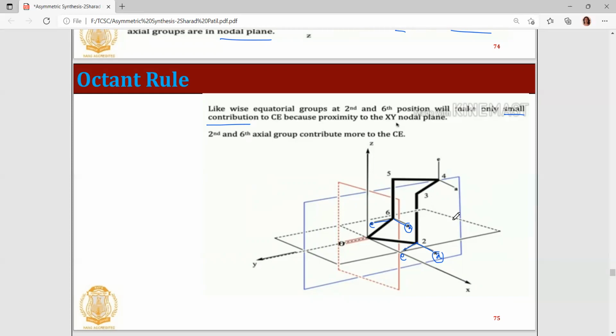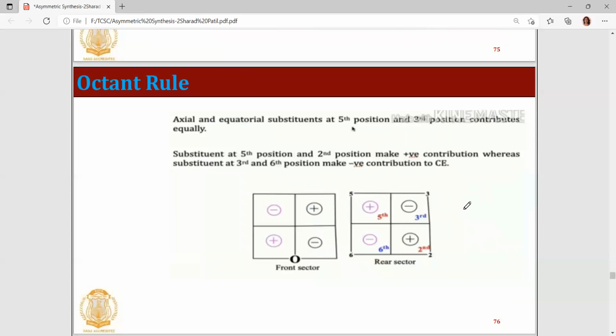Now we'll see the 3 and 5 positions. 3 and 5. In the same way we can write down these two positions, and position 6 is on a different side. So when there is a substituent on the second position, especially axial, this is a positive Cotton effect, right?